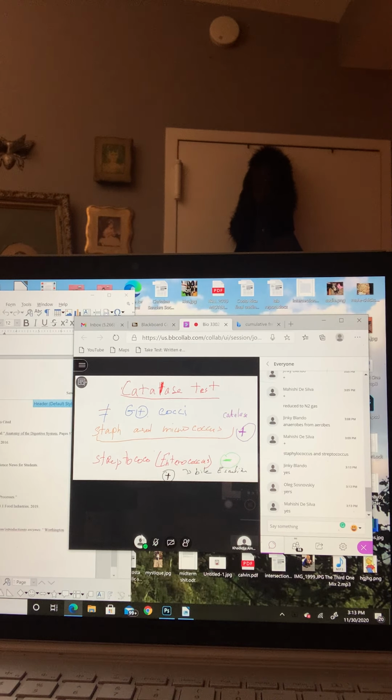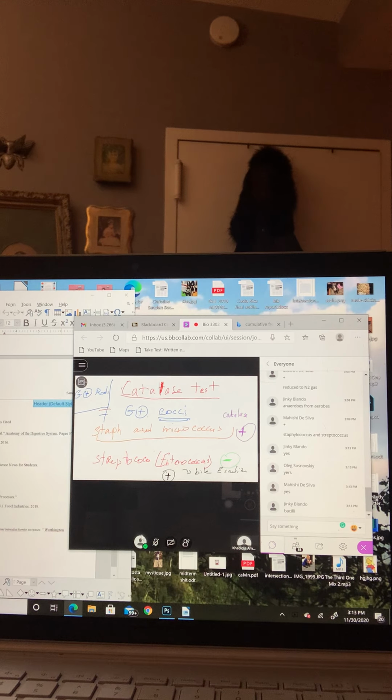And also we have the other types. So we talked about the cocci. What is the other type of gram-positive microorganism? We have the cocci and the other shape, the bacilli, good, or the rod.